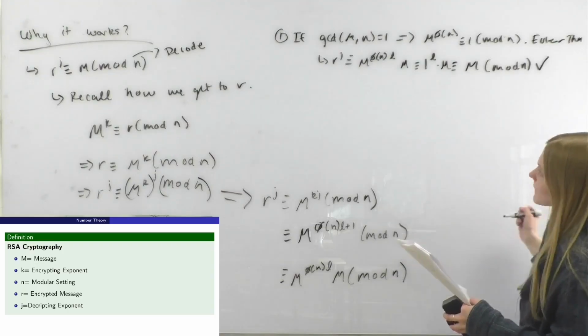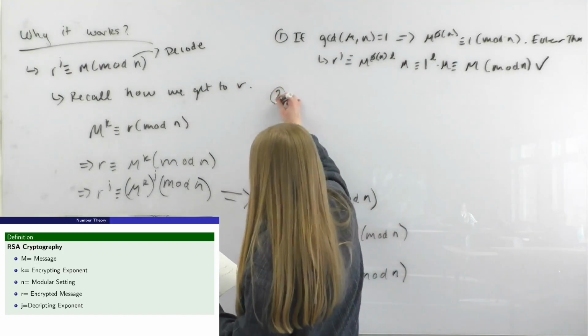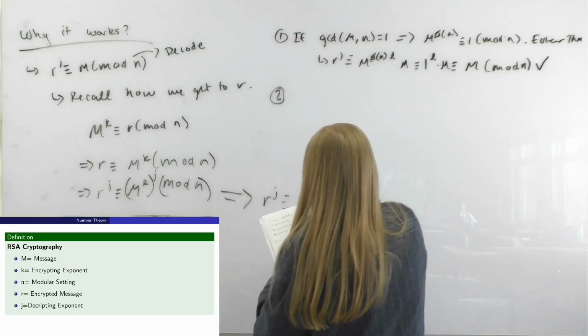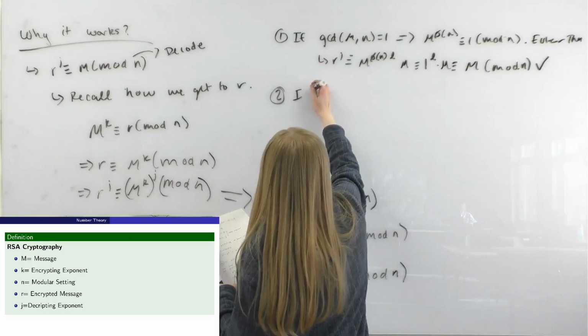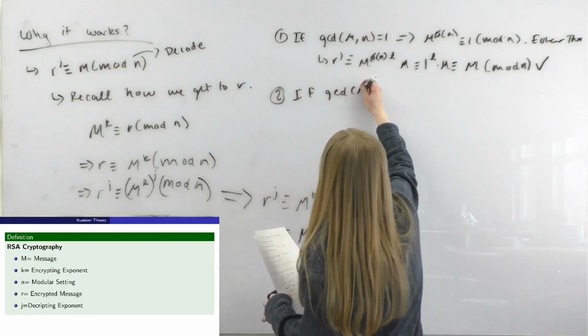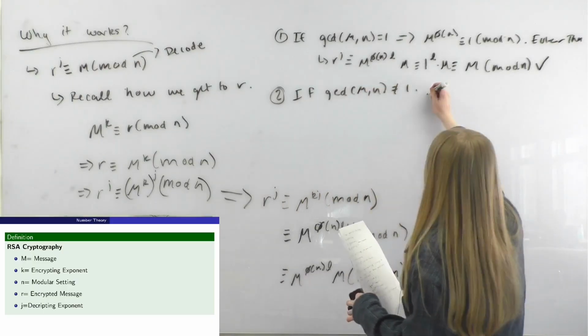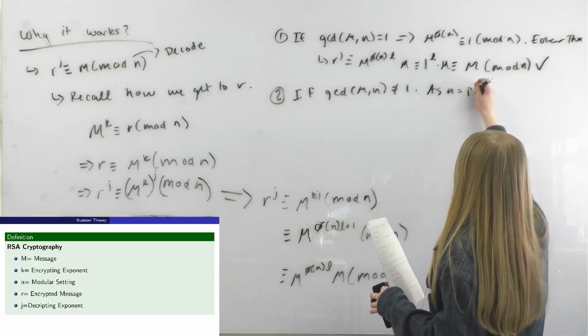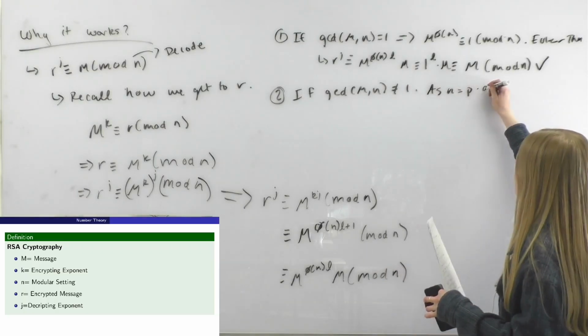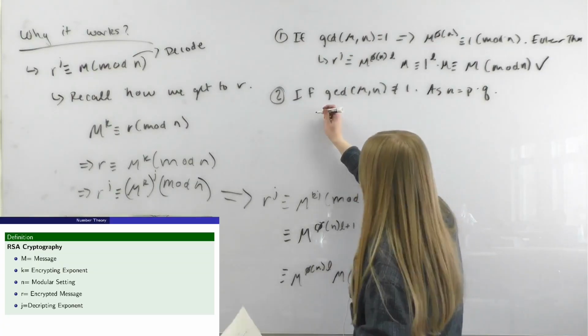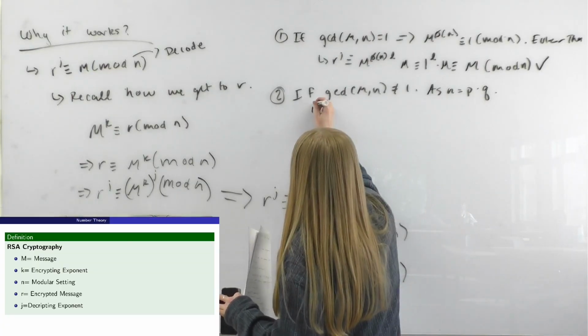So we're done. The second case that we have to cover is if the GCD of m and n is not 1. As n is just the product of 2 primes p and q, we have subcases, a case of a case, if you will.